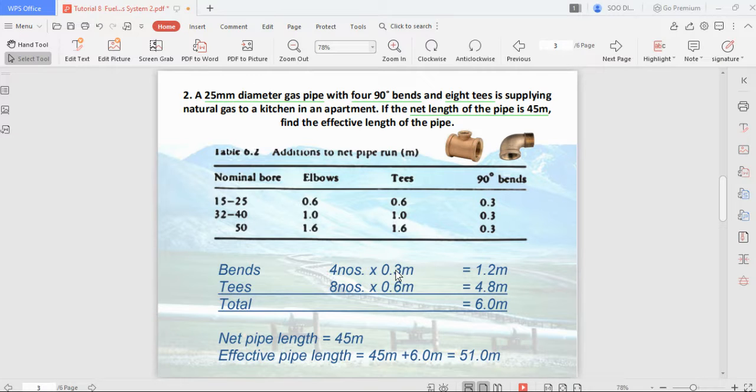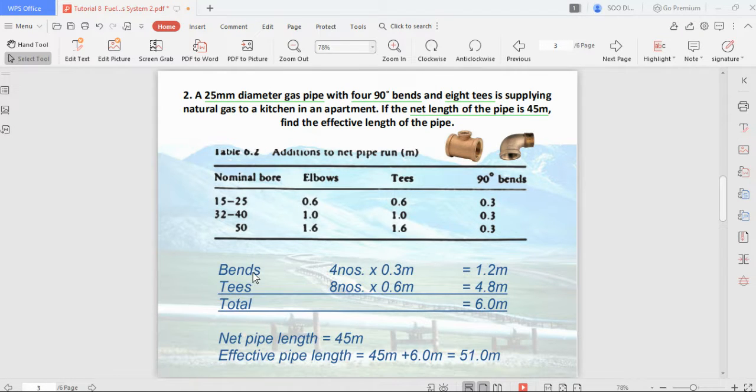So you put it here, and then you have another 8 tees, 0.6, which you put it here. You just do a simple multiplication of 4 times 0.3, 8 times 0.6. You have a set of values, and then you add them together. So this 6 meters is the addition to net pipe run due to the bends and tees that you have in place.